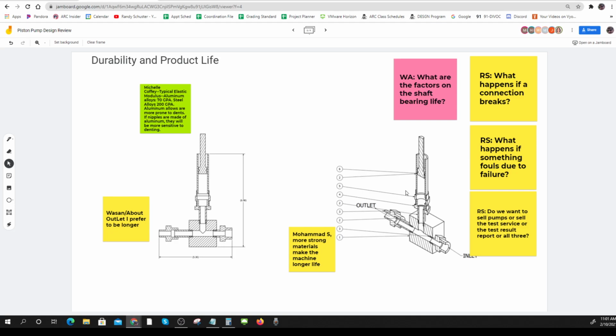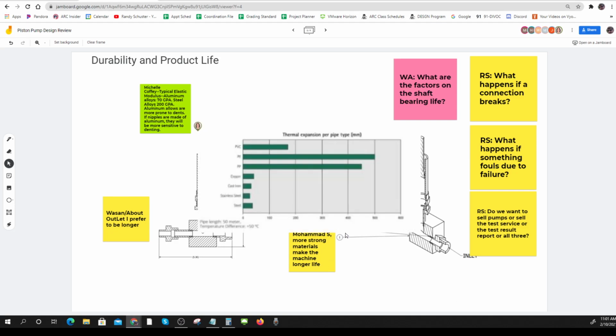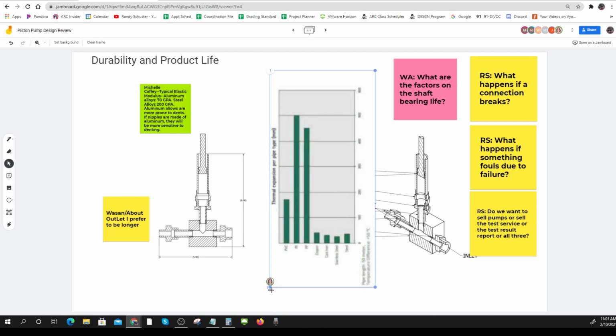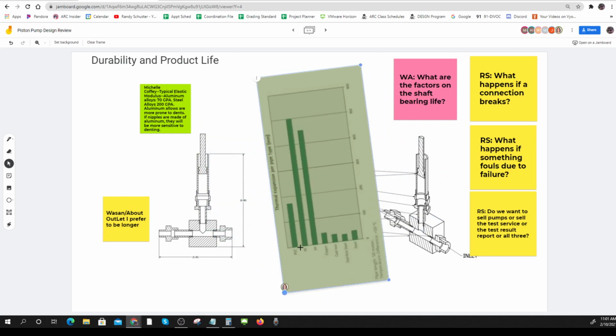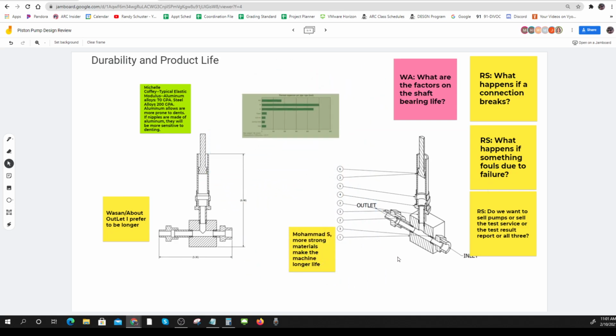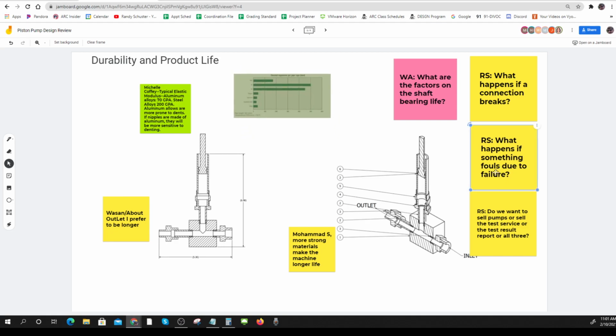What else will happen? There we go. So what else would happen? If it breaks or if it fouls, what happens? What's the failure mode? Is it, it stopped and I got to replace something?